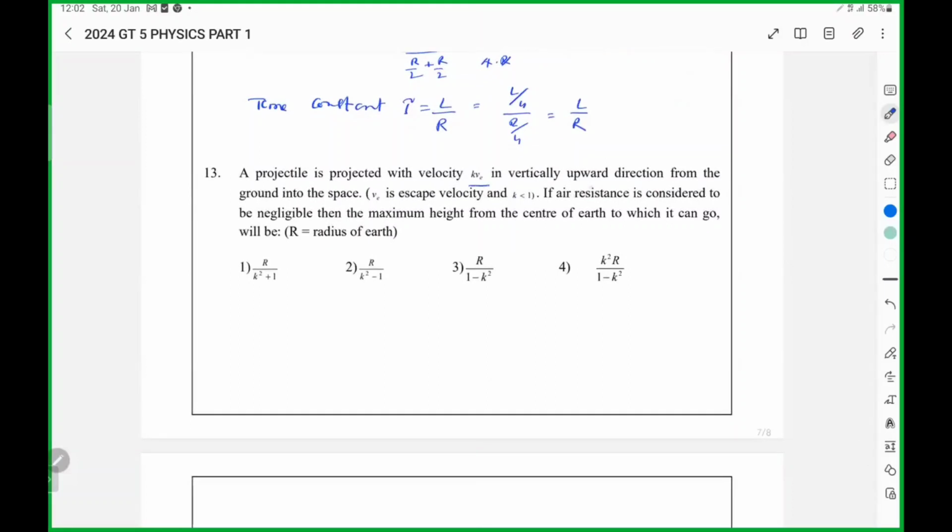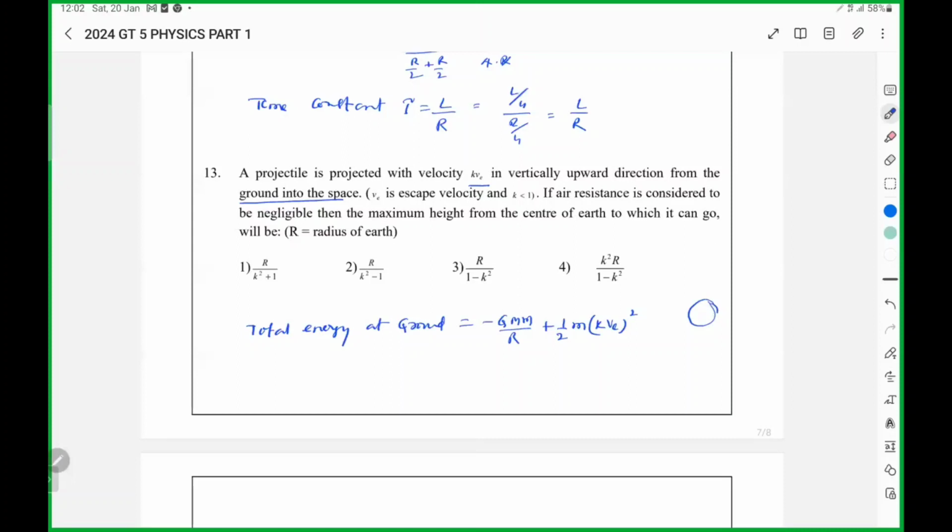Projected with k times escape velocity upward direction from the ground, and total energy at ground is minus G M m by R plus half m k square v square. So it is not escape velocity.